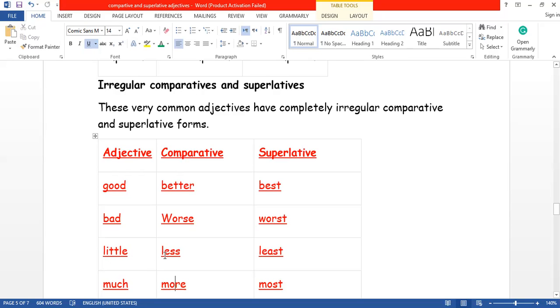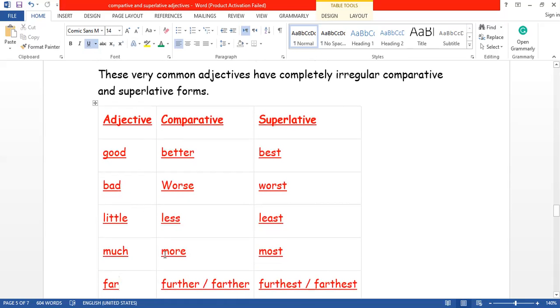So the comparative adjective from the word little is less than. Better than, worse than, less than, more than. And the superlative, least.